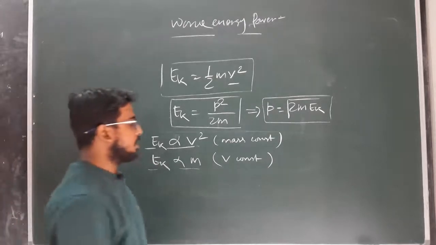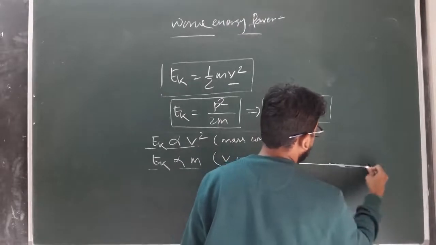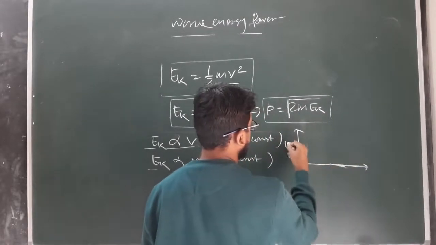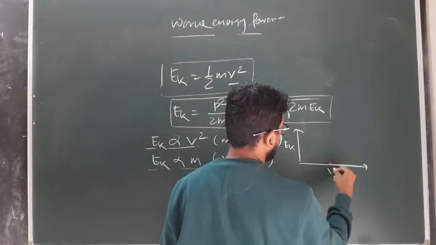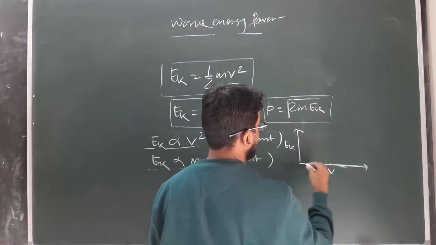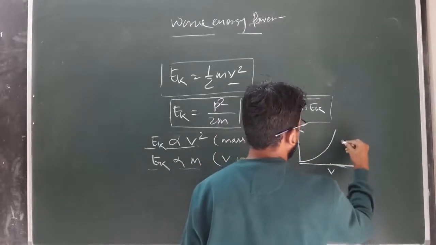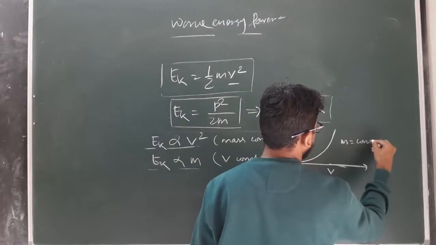So if we plot the graph of kinetic energy with respect to speed when mass remains constant, the graph will be like this. Here mass is constant.